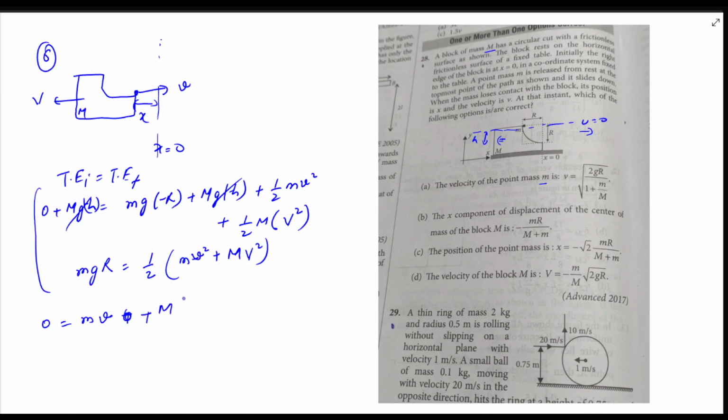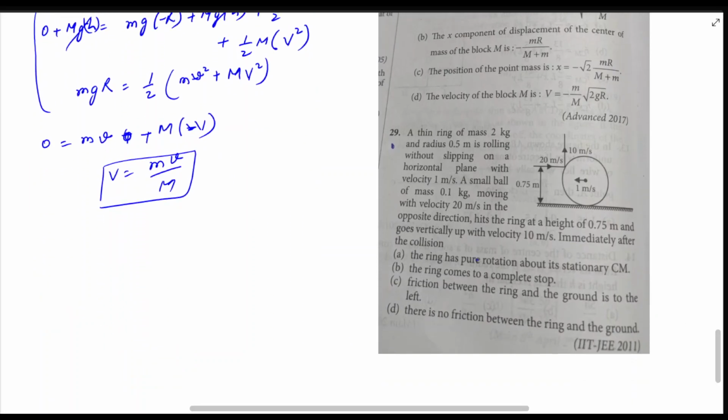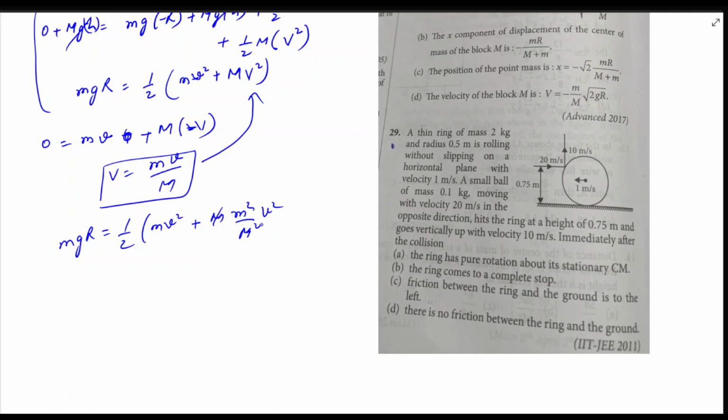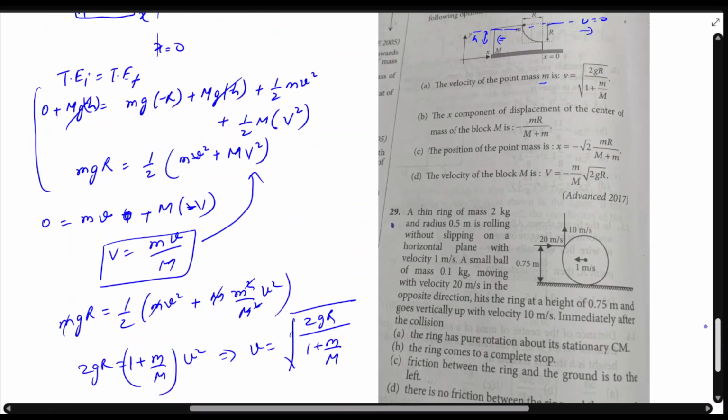So we simply get V equals m v upon capital M. If you put this value in the energy equation, we get mgR equals half m v squared plus capital M times m squared upon capital M squared times v squared. So m cancels, and one M also cancels. We simply get 2gR equals (1 plus m by M) v squared. So we get v equals root of 2gR upon (1 plus m upon M). Yes, so option A is matching.